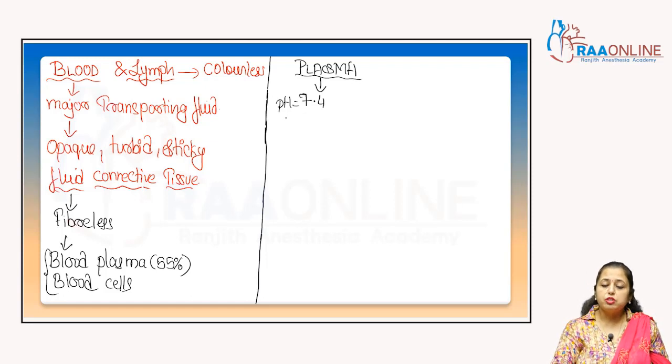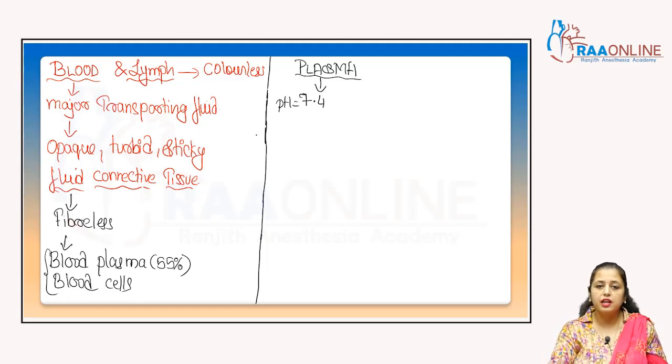Plasma has various components. Plasma plays a major role in protein synthesis and in providing the defense mechanism of the body.